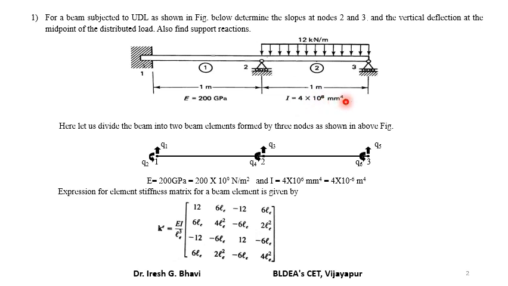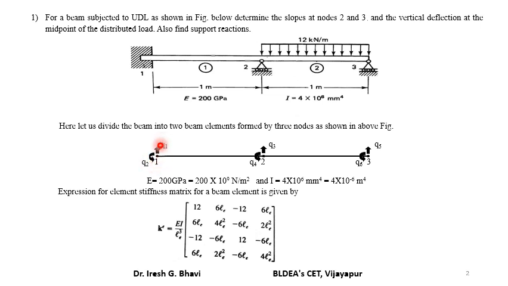So let us divide this beam into two finite elements, that is from here to here one element and from here to here another element. And at each node, for a beam element, you know that there will be 2 degrees of freedom, that is one will be vertical displacement v and another one will be the slope or rotation theta.